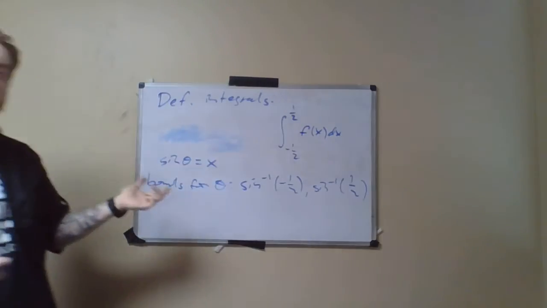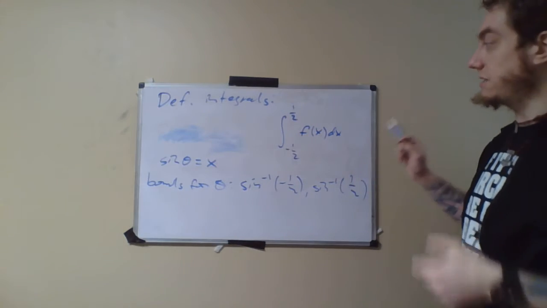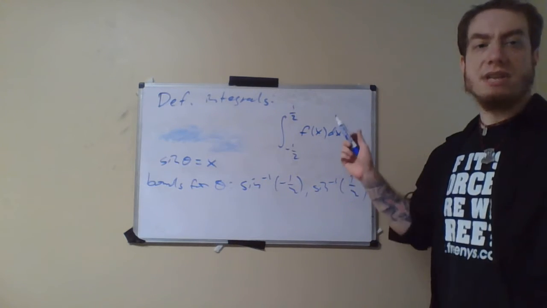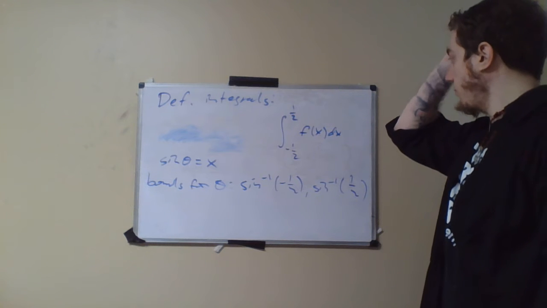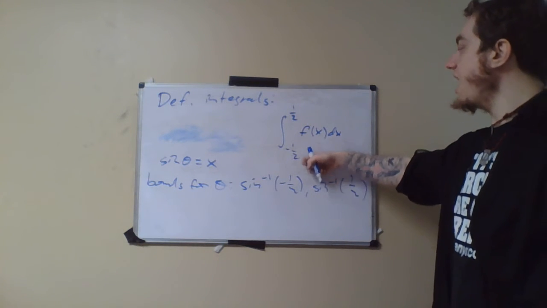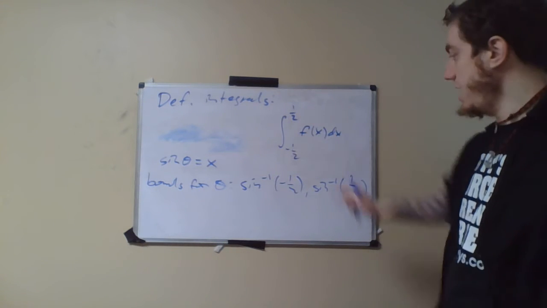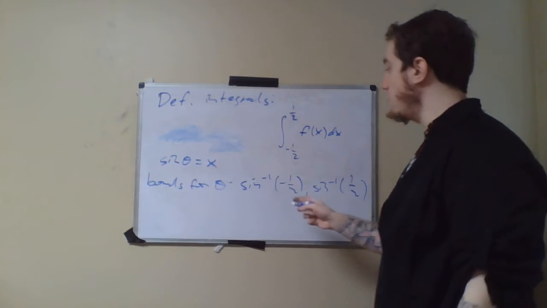So just like any other kind of change of variables, change of bounds kinds of problems, we do the same thing. We just convert from what would theta be when x is equal to negative 1/2 to what would theta be when x is equal to positive 1/2. And in this case, we know what the answers are.